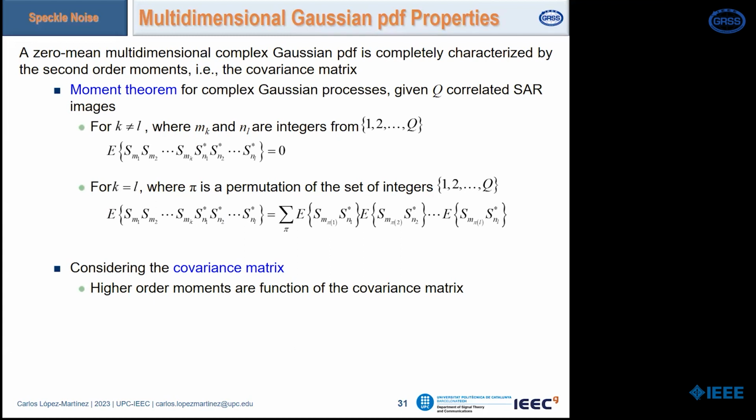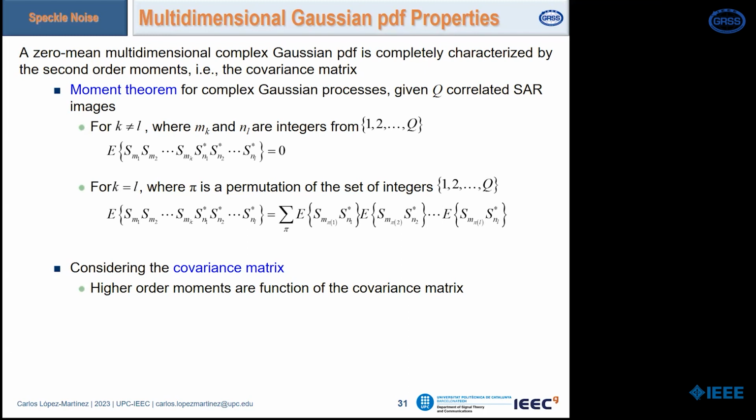The idea of using the Gaussian is its simplicity, and it's very elegant in the sense that, what do I need to characterize a distribution? I need the distribution itself, or all the moments of this distribution.